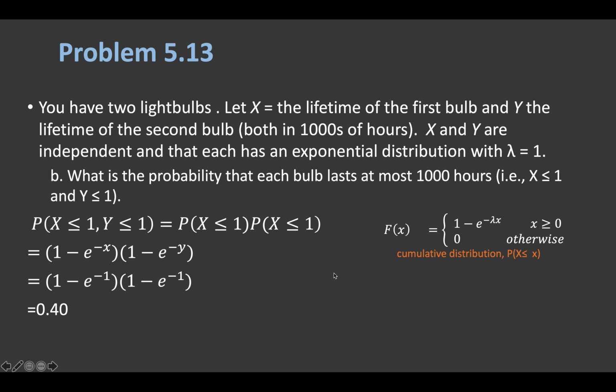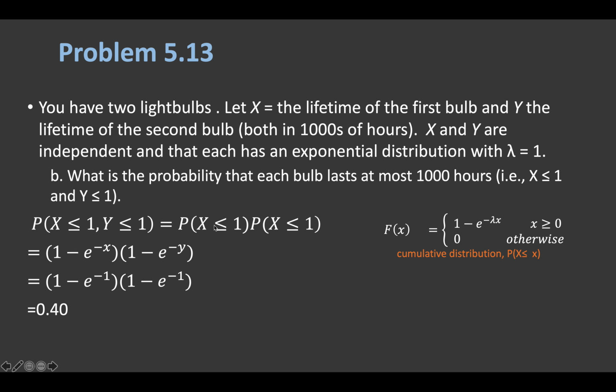So here we say that each bulb lasts at most 1,000 hours. Both of them need to satisfy this condition. Then the probability basically is P(X ≤ 1) intersect, which means intersect, Y ≤ 1. Both of them need to happen.